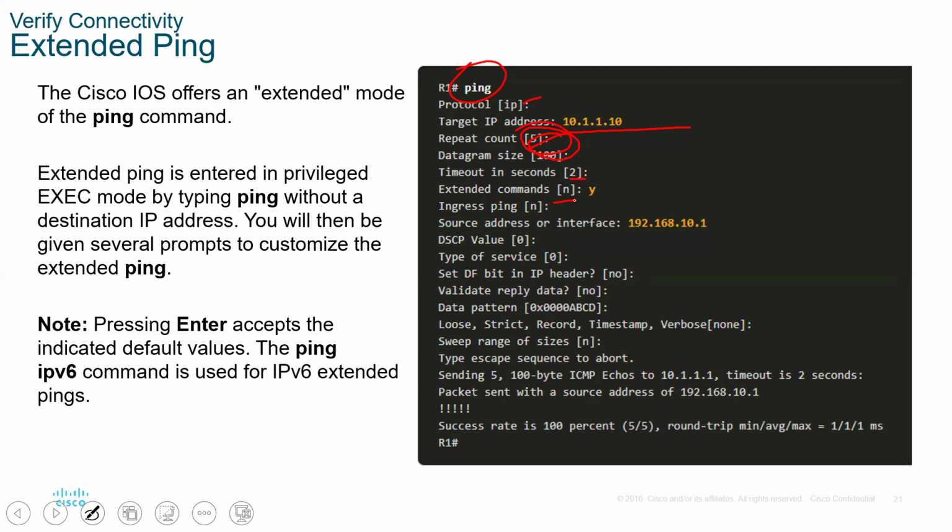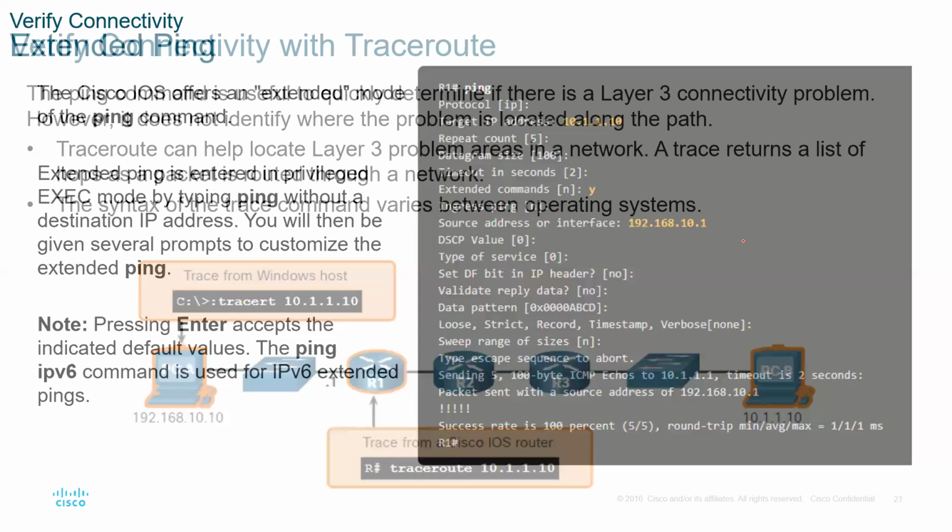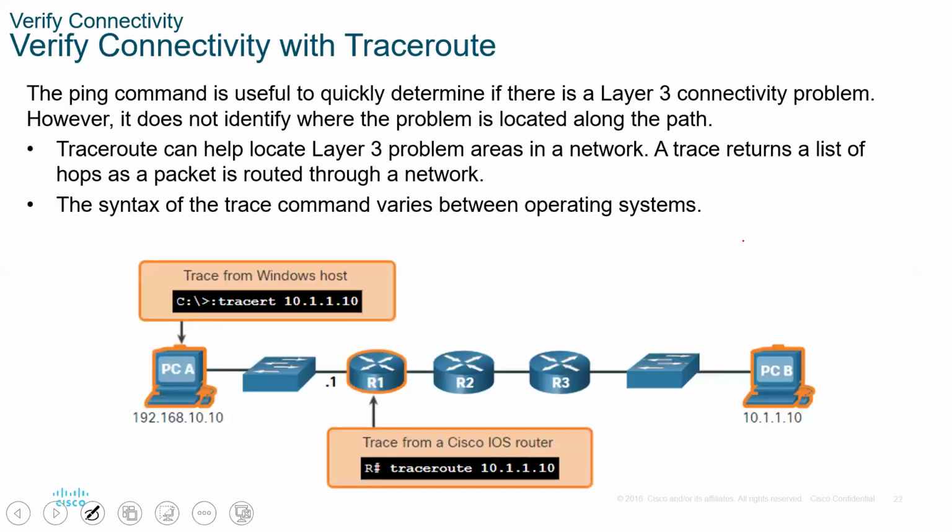But if you say Y, which is yes, then it's going to ask if you want to specify the source address. If you enter the source address, then you are saying, I am running a ping, but I want the ping to be from a particular source address, not from the interface or the device that I am using. Okay, that's just the idea of the extended ping.